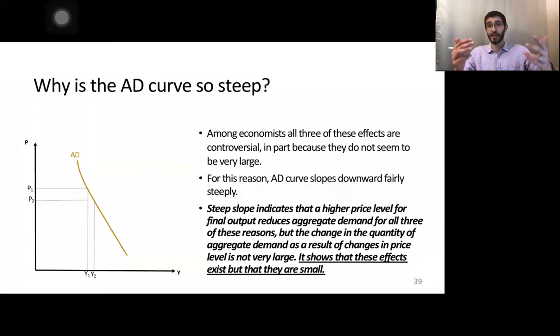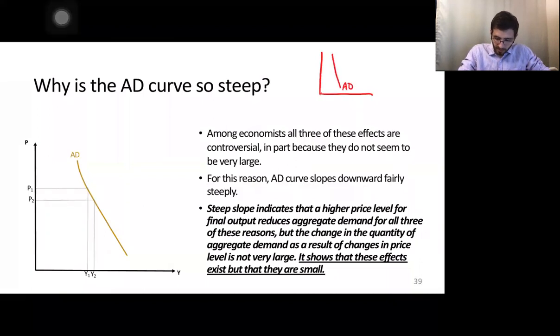Okay, now the next question is, I understand that the slope of the aggregate demand is downward, it's negative. I understand the law of demand in this model from a macroeconomic perspective, right? But why is it so steep? What I mean by steep is, why is the aggregate demand curve so steep instead of being more flat?